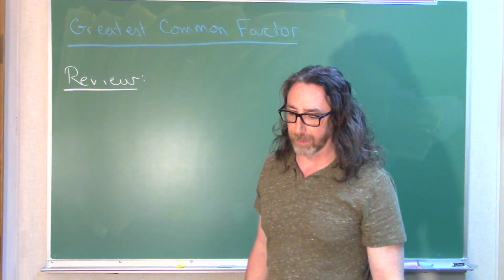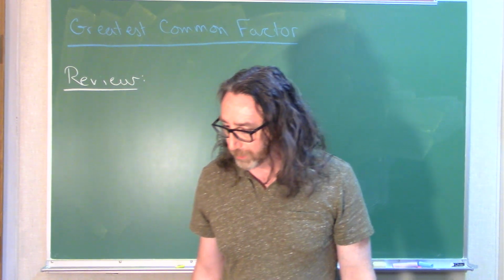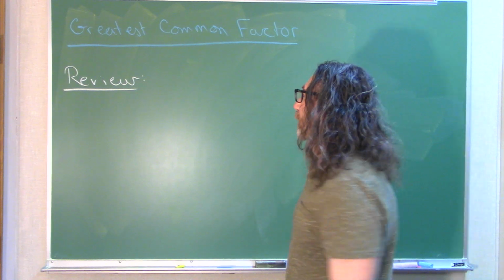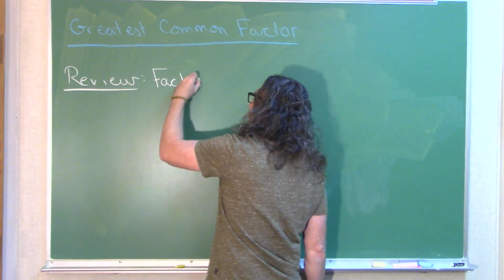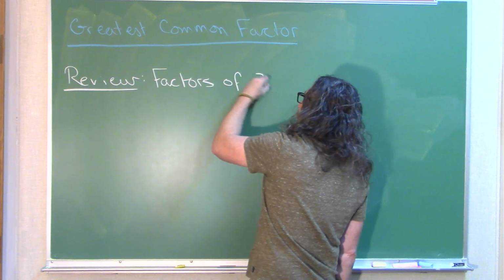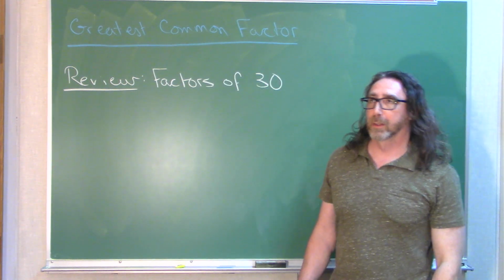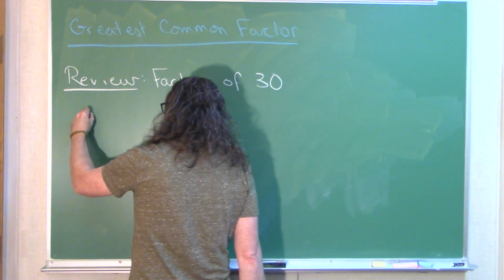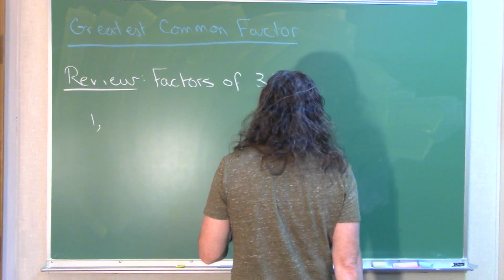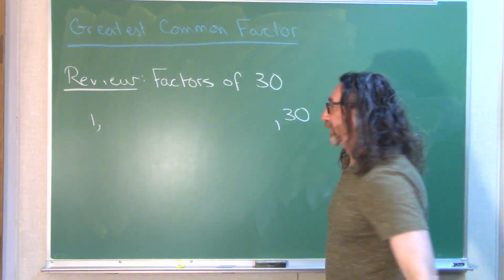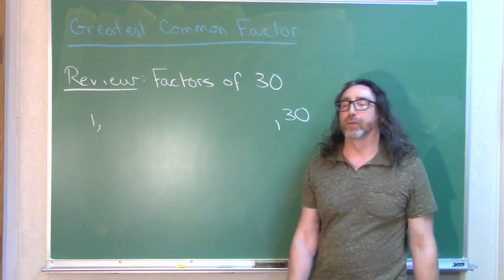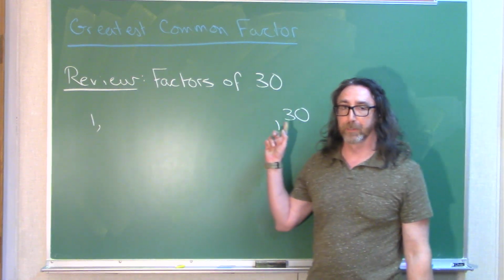So let's look at a quick example where we find the factors of 30. Remember the little strategy I showed you in a previous video: if I need to list the factors of 30, I do them two at a time.